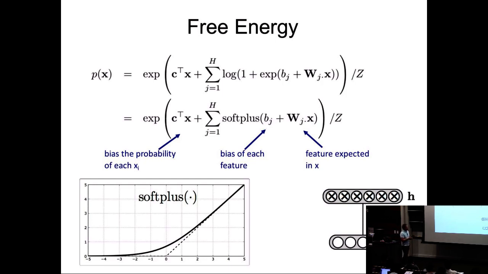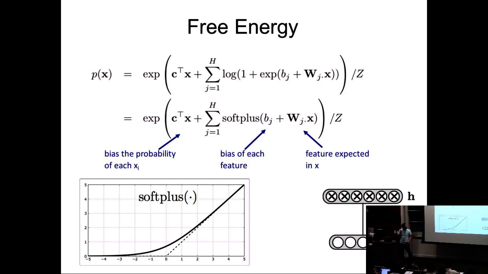Sometimes this particular formulation of log(1 plus exp) is known as a softplus. And softplus has this particular representation, right? It's almost like a rectified linear unit. Here's a ReLU, and here's a softplus. In fact, there have been a few papers where people tried to use softplus because it's differentiable, as opposed to using ReLUs.